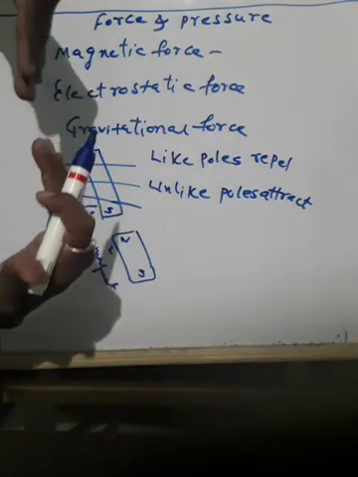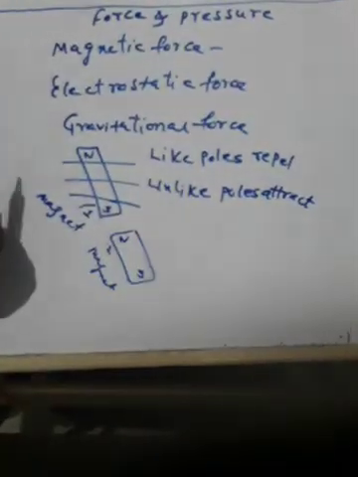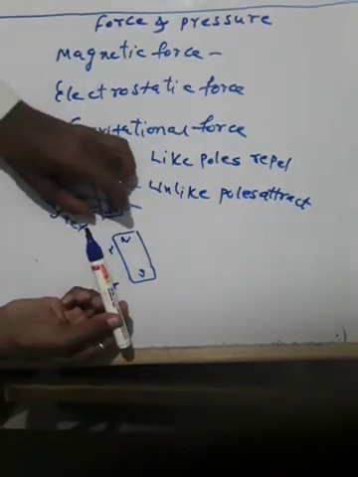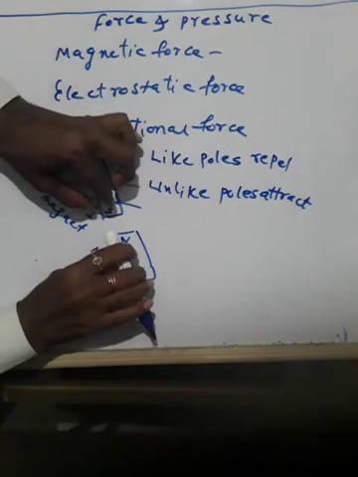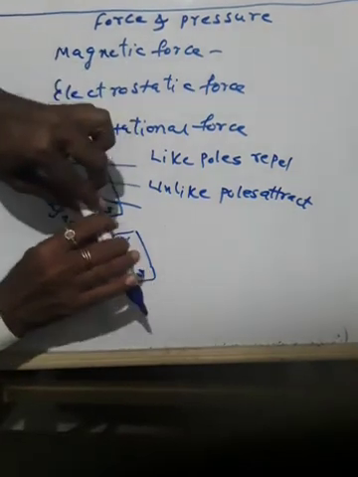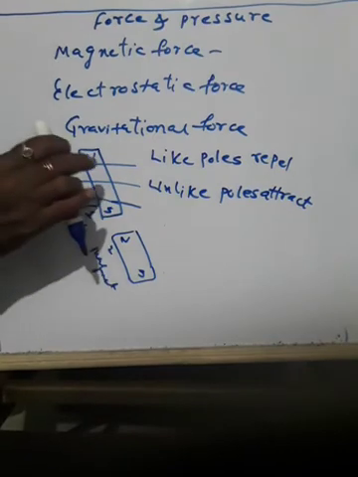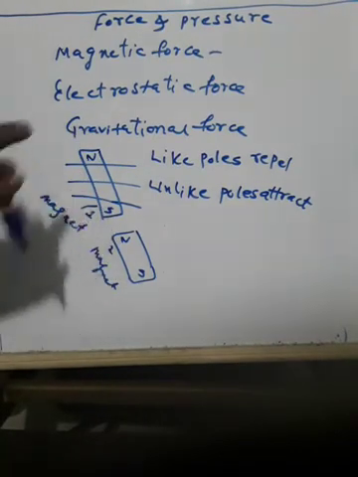If you turn it this way, if this is north and that is south, they will attract. If there is south here, they will repel. But all this takes place by the help of one force, where the magnet exerts force on another magnet.